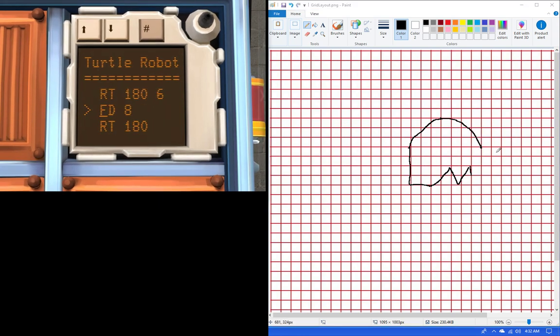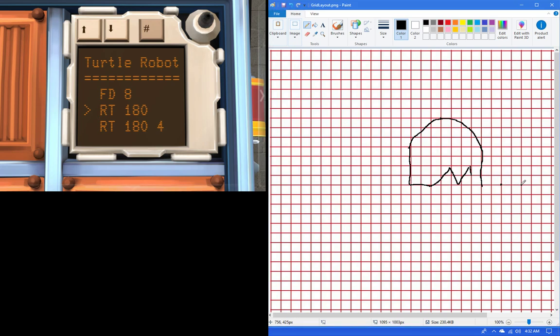Then we go forward 4: 1, 2, 3, 4. Then rotate 180 degrees, so we're facing up now. Now we do 180 with a radius of 2. Facing this way, we go clockwise, which leads us up to here.